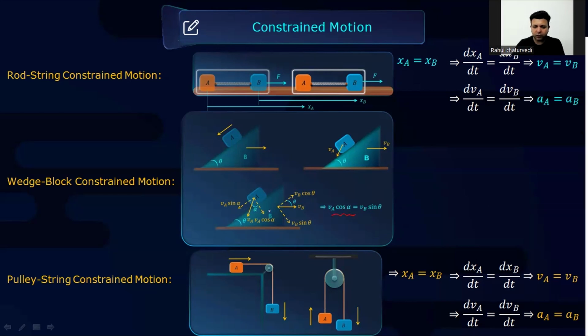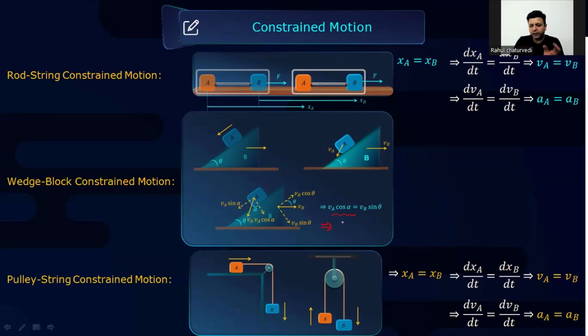So you can observe here that VB sin theta will be equal to VA cos alpha. Why? Because there is no motion along the direction perpendicular to the inclined plane. So perpendicular to the inclined plane, the block A cannot move. Since block A cannot move perpendicular to the inclined plane, the net velocity perpendicular to the inclined plane will be equal to 0.